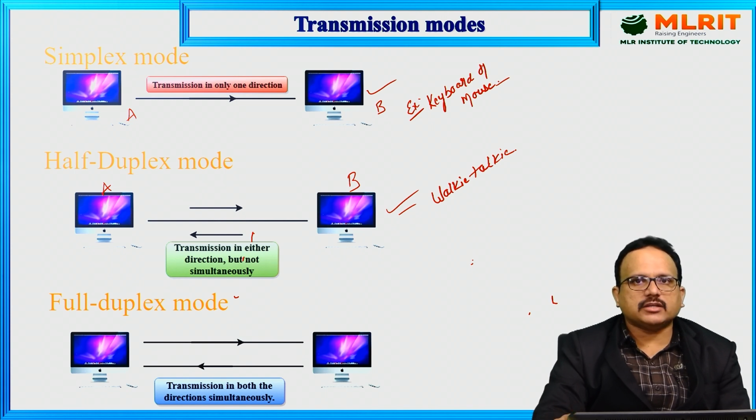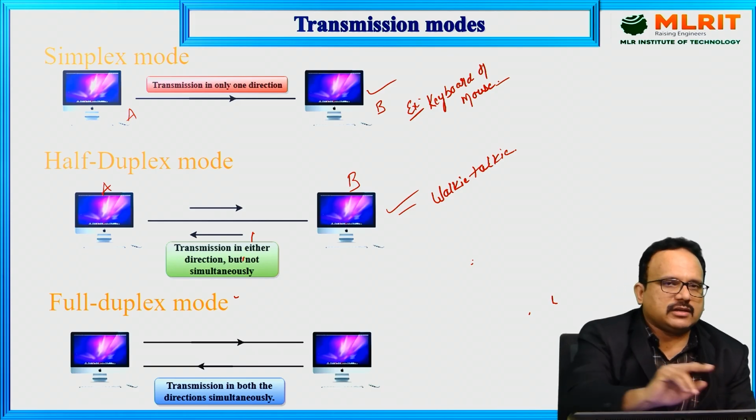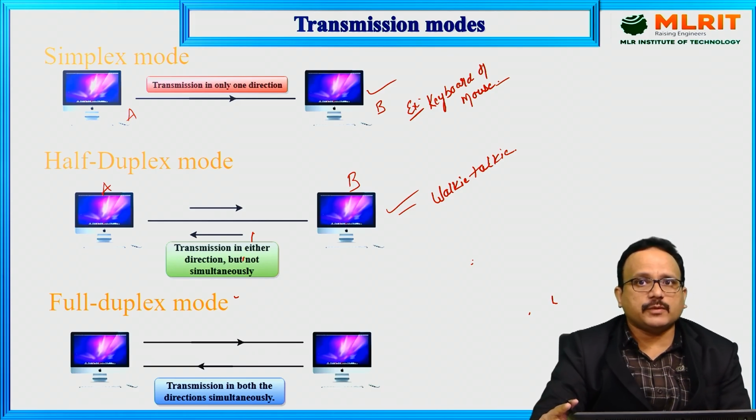Once A has completely finished, he will tell that the data is over. After that, B starts replying. So the data will be transmitted in both directions but not at the same time. Whereas in simplex mode, the data will be transmitted in only one direction, that is from A to B.